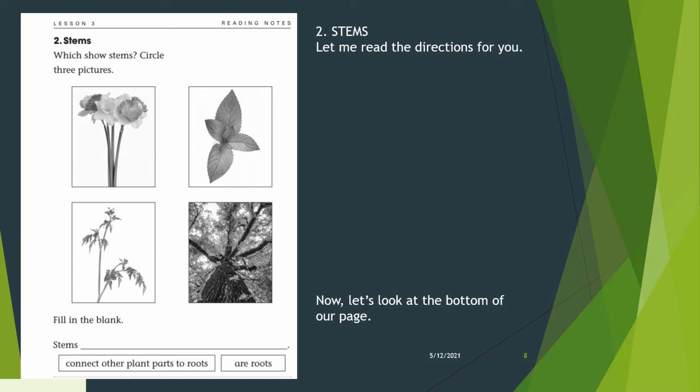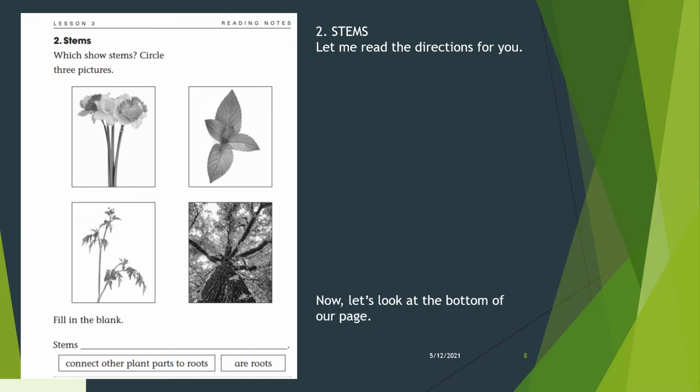Now, let's look at the bottom of our page. It says, fill in the blank. Stems blank. Here's your 2 choices. Connect other plant parts to roots or are roots. So you're either going to write stems connect other plant parts to roots or stems are roots.